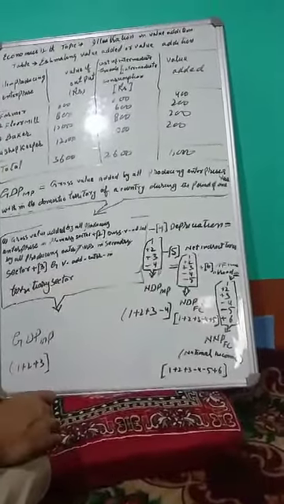Minus number 5, that is net indirect taxes. Now plus number 6. What is number 6? Net factor income from abroad.